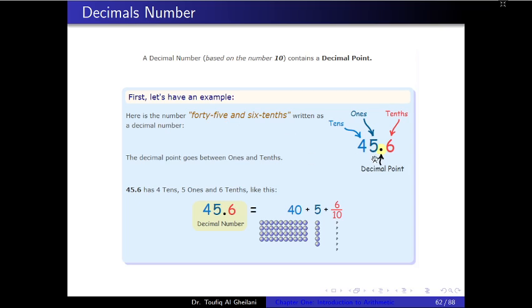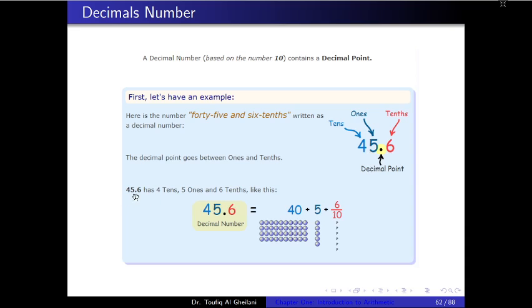45 and 6/10. This is the decimal point, and this is the ones place, 5 ones and 4 tens. The decimal point goes between the ones and the tenths.